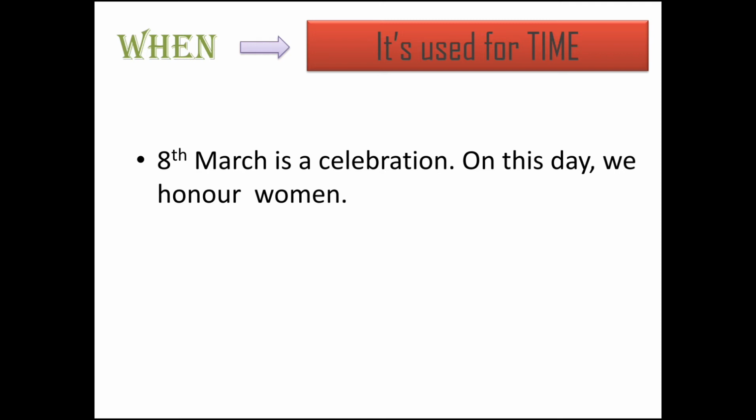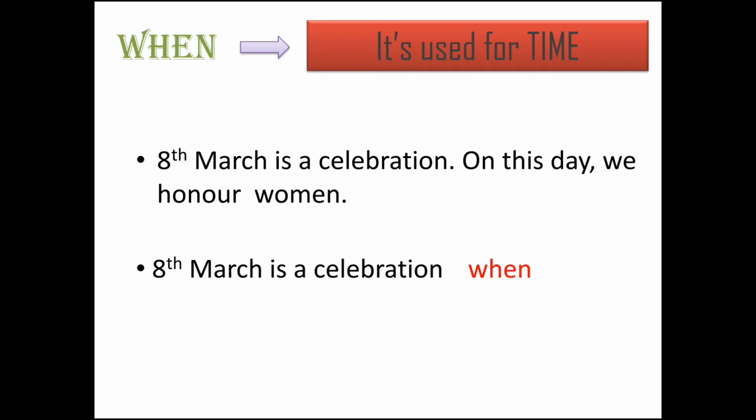So celebration or 8th March, this is time, this is a specific time. So on this day, again, we are talking about the 8th of March. So in the two sentences, we are talking about time. 8th March is a celebration when we honor women.